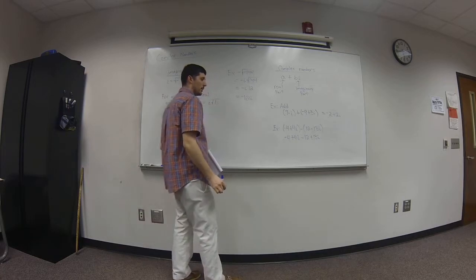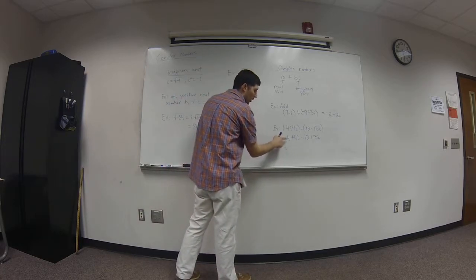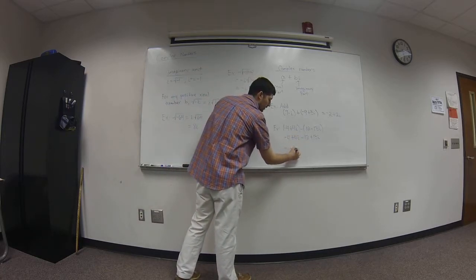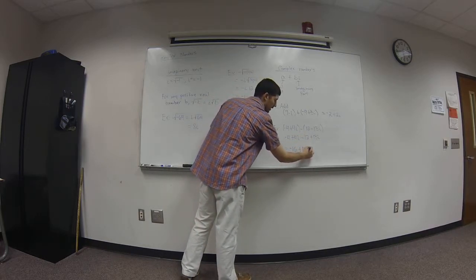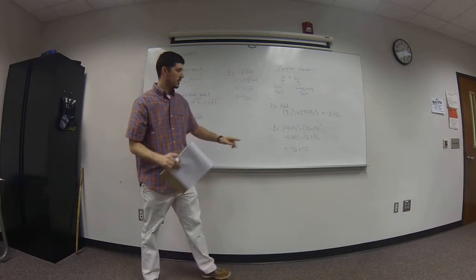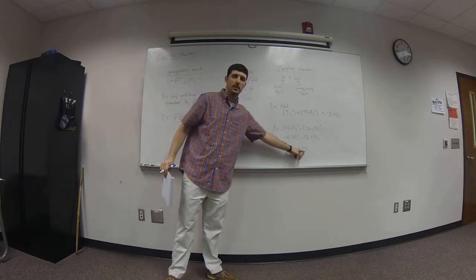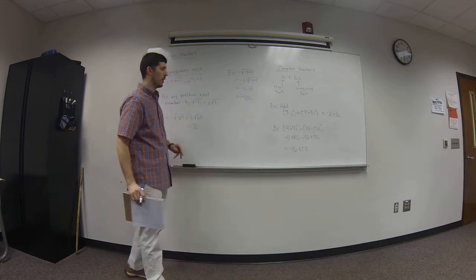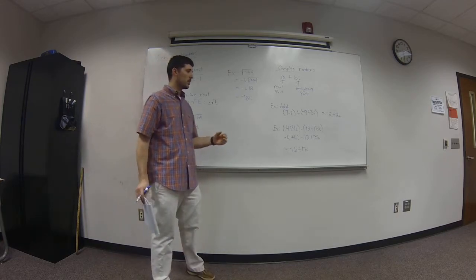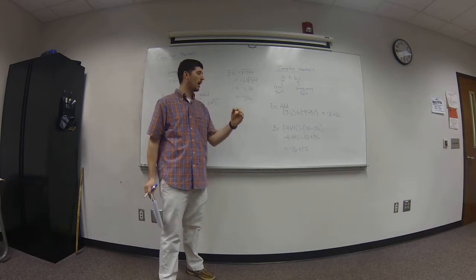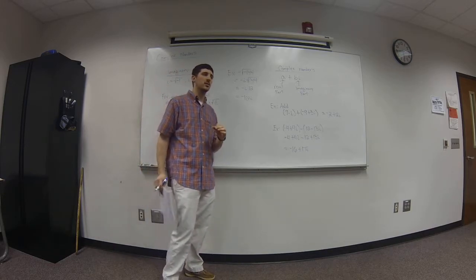Distribute that through. My real part, -4 minus 12, is -16. 4i plus 13i gives me 17i. So my answer is -16 plus 17i. Very good. Adding and subtracting are pretty easy. Just like adding and subtracting any numbers, you combine your like terms: your real parts together and your imaginary parts together.